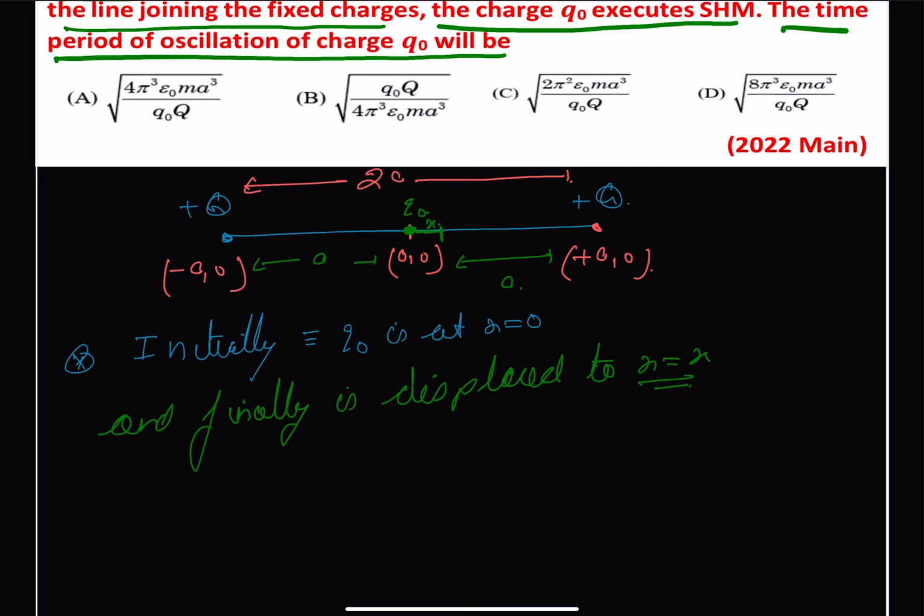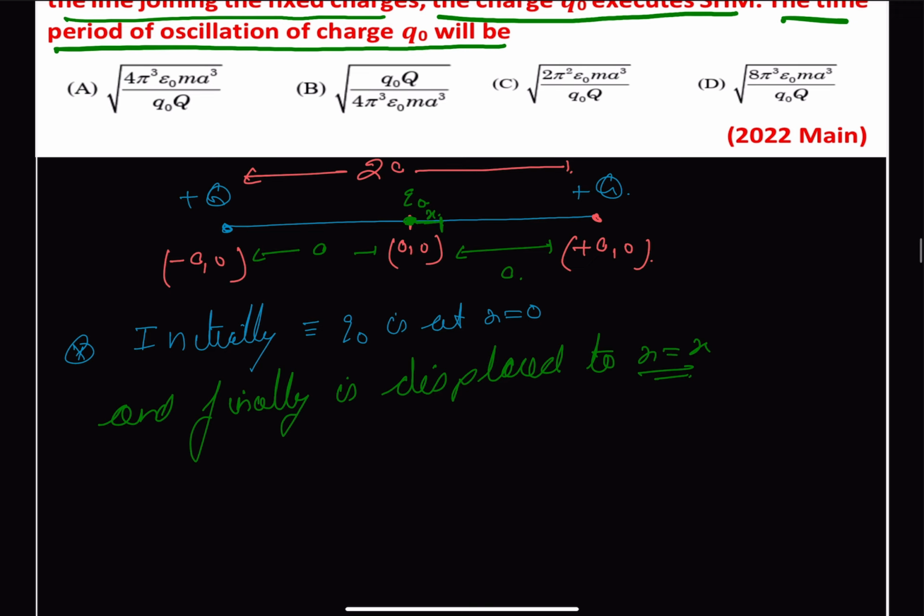Therefore, with respect to the left charge, the distance will be a plus x, and on the right side the distance will be a minus x.